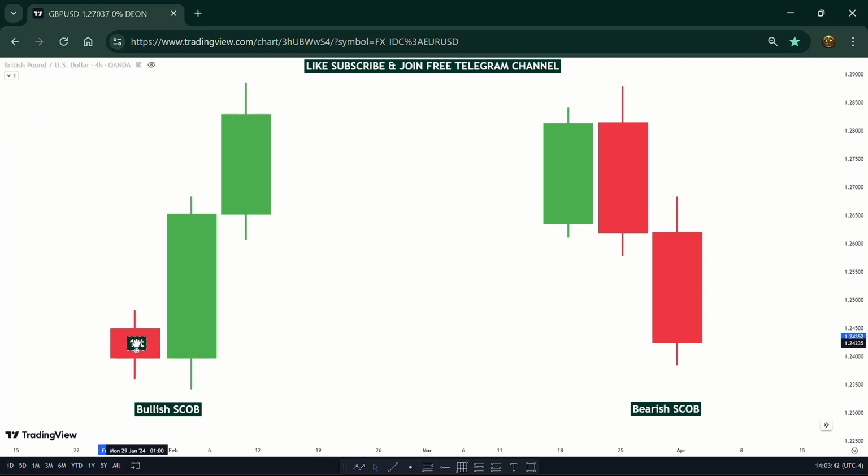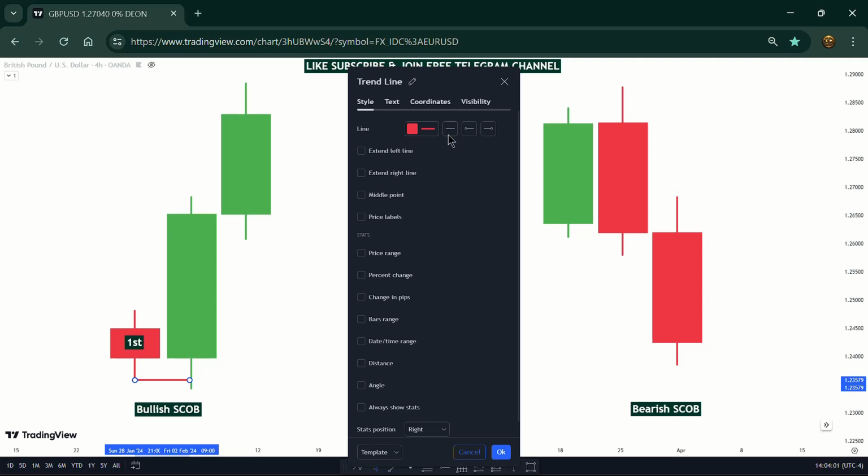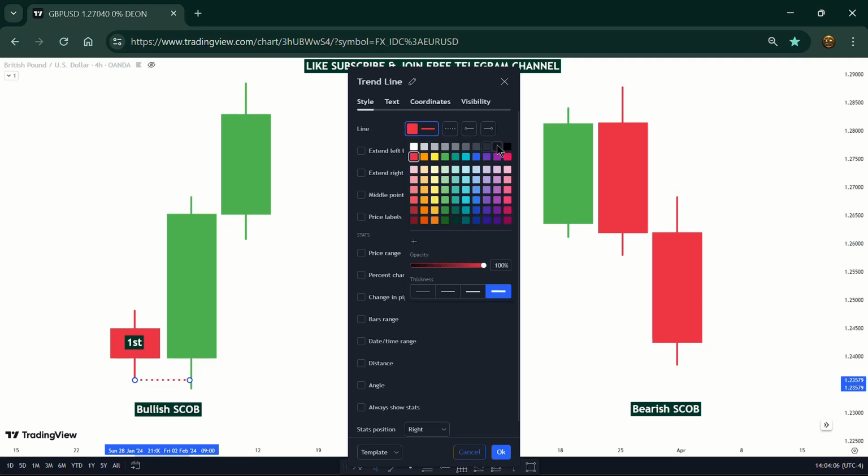This first candle is the one that needs liquidity to be swept. When I say liquidity to be swept, I mean this: this one is a bullish single candle order block, so you need this candle's low to be swept here, like that.